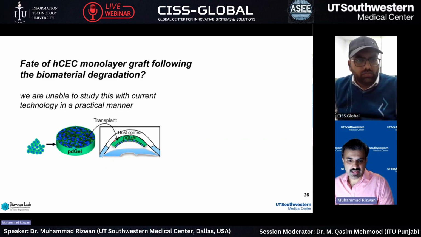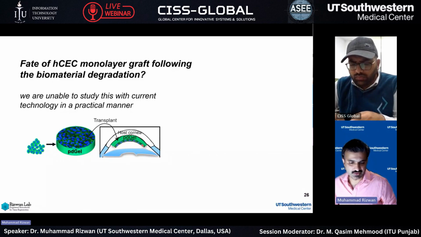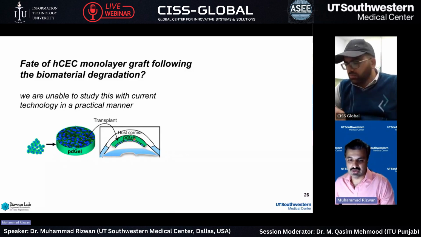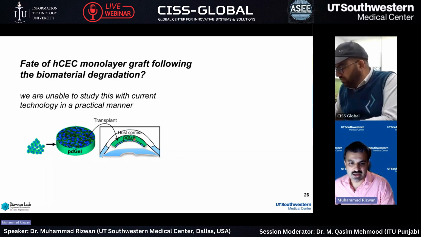If the hydrogel does not degrade, we can never evaluate how these transplanted cells will integrate with the host cornea. Therefore, we want that hydrogel film to be gone. Remember, the purpose of that hydrogel film is really to serve as a cell carrier and not be there permanently. But it did not degrade even after 4 months.